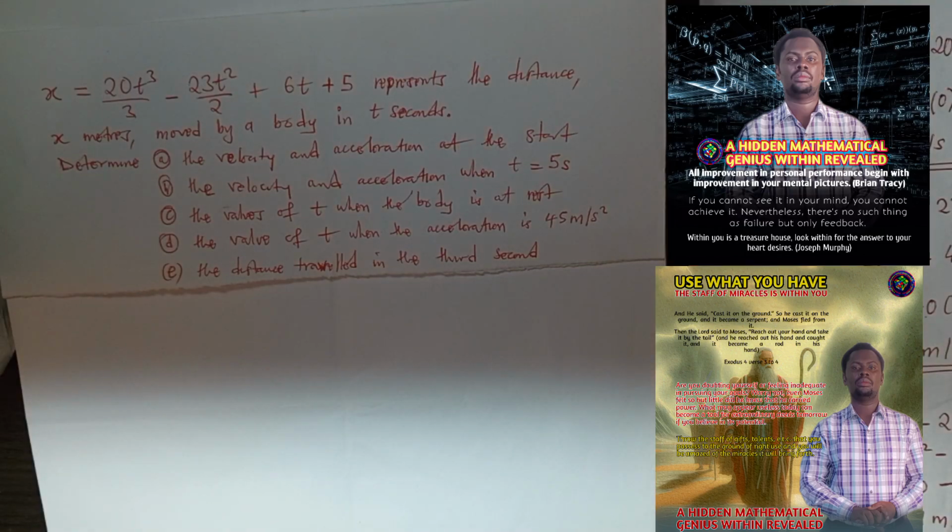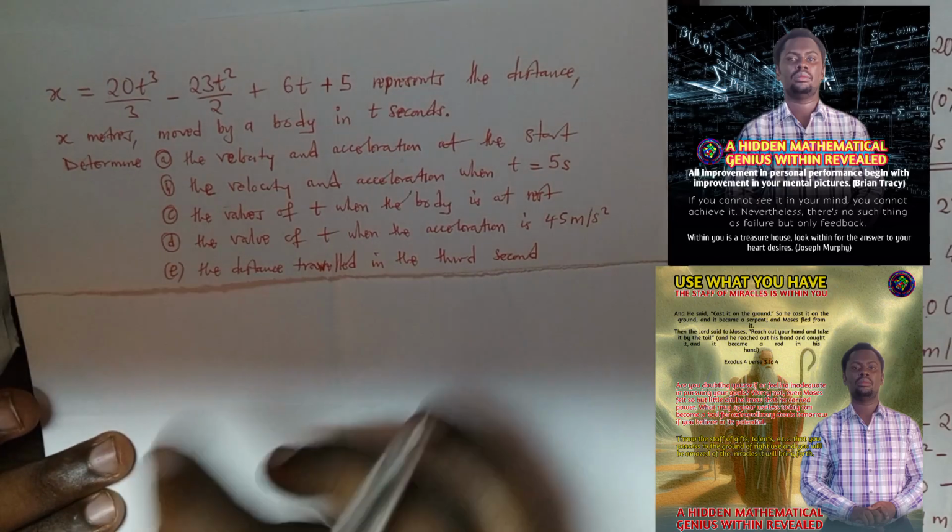Okay, so we are on C. Find the values of t when the body is at rest. When the body is at rest, meaning it is not moving, you can say velocity should be 0. So we are going to use the function for velocity and put a 0 where there is v.